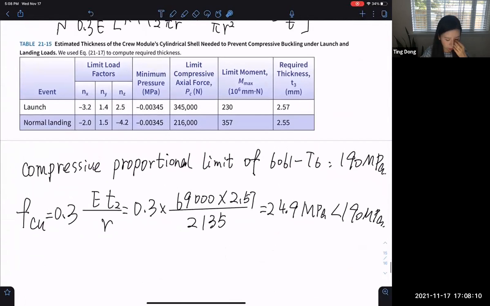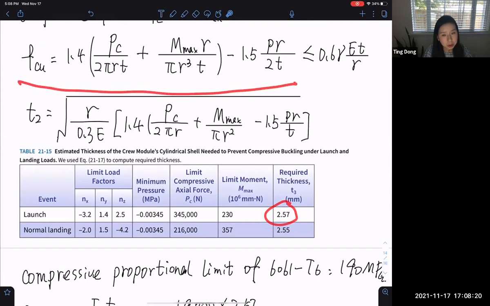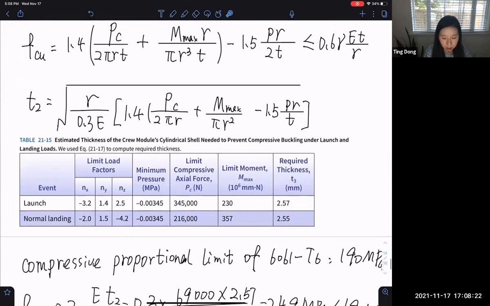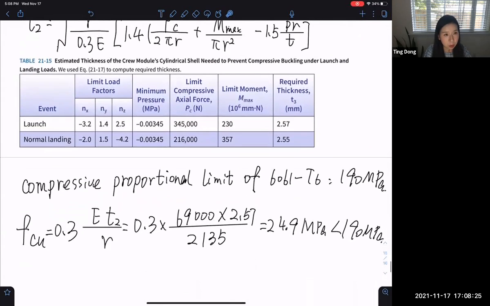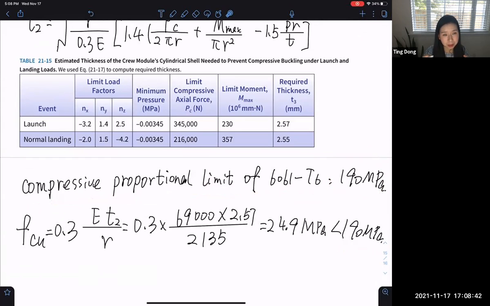And in the end, they also did an extra step to make sure that, for the stress, if we plug in 2.57 into the equation over here, both sides are the same. We want to make sure that this stress level is not big enough to cause the structure to yield in compressive load. So the compressive proportional limit of this material is 190. So it's not just that we want to make sure it doesn't buckle. We also want to make sure that this stress is within the proportional limit.